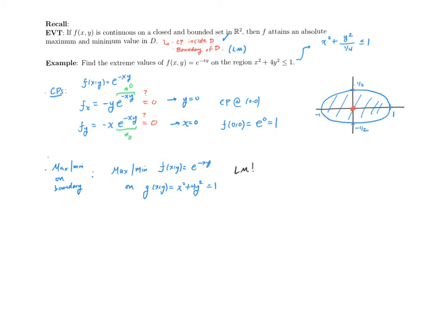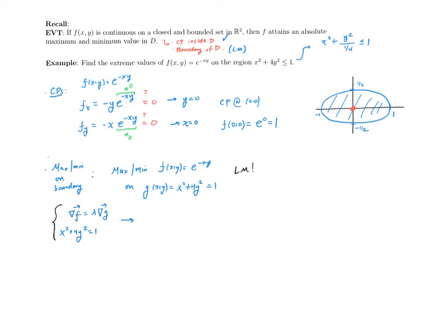Using Lagrange multipliers, we have our equations. The gradient of f is lambda times the gradient of g, with that constraint equation. Remember, this is really three equations to deal with.